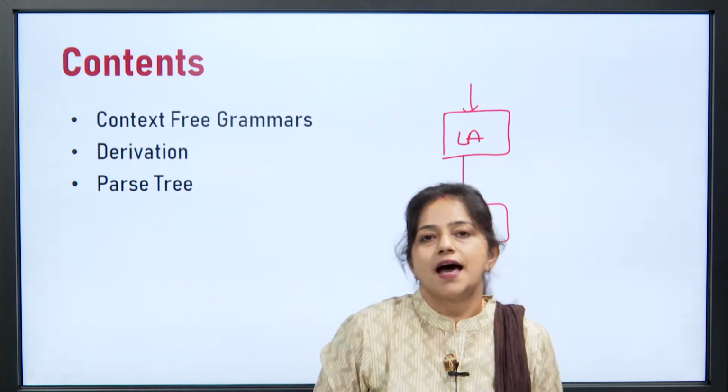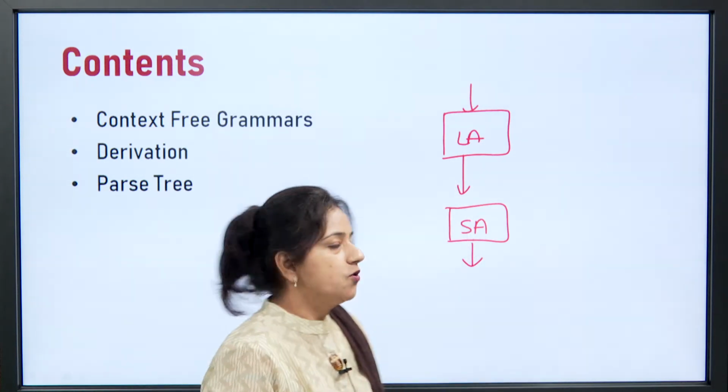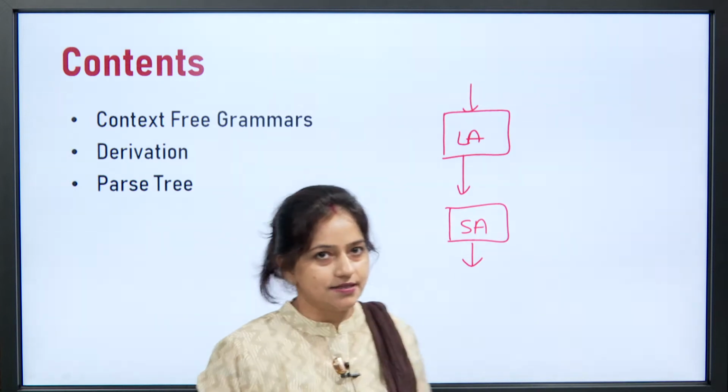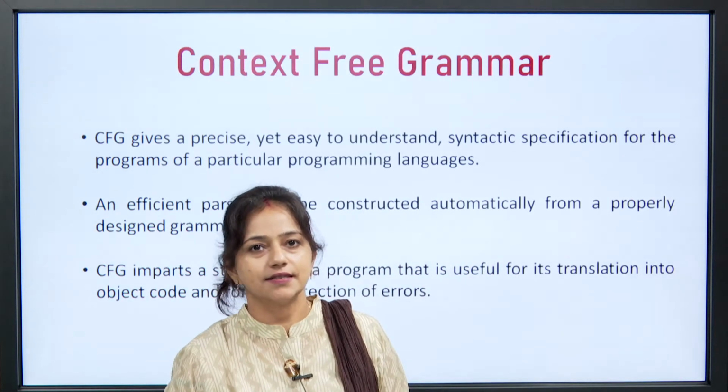So, in today's class we will discuss the basic terminologies or constructs that will be used inside the syntax analyzer. First is the grammar that will be used inside the syntax analyzer.